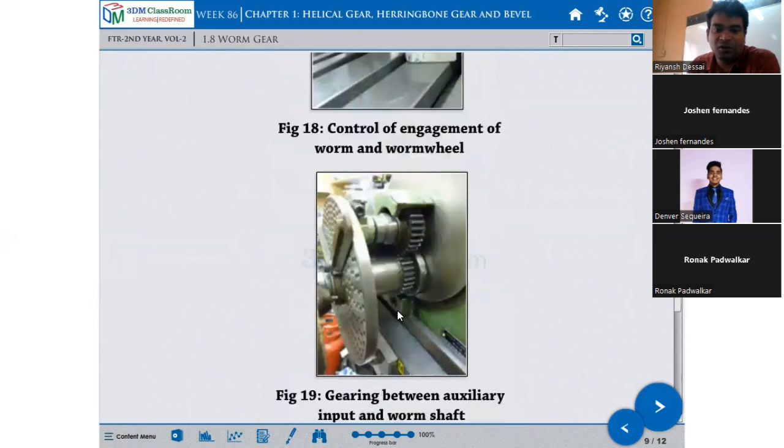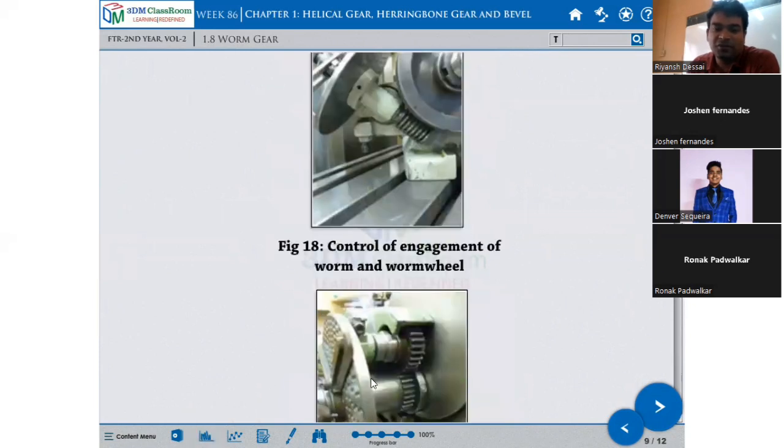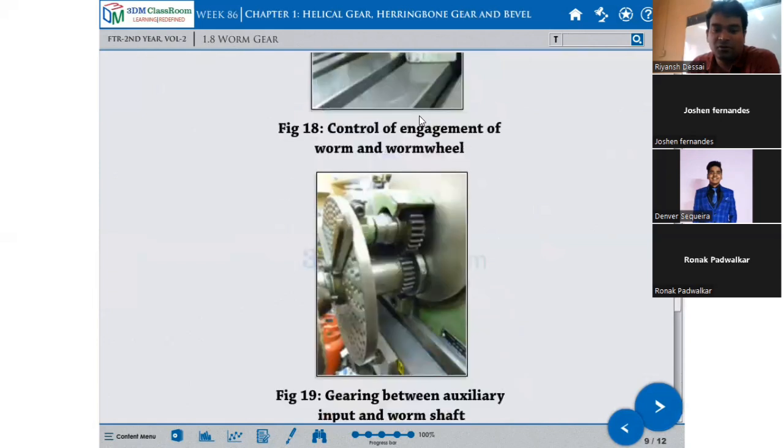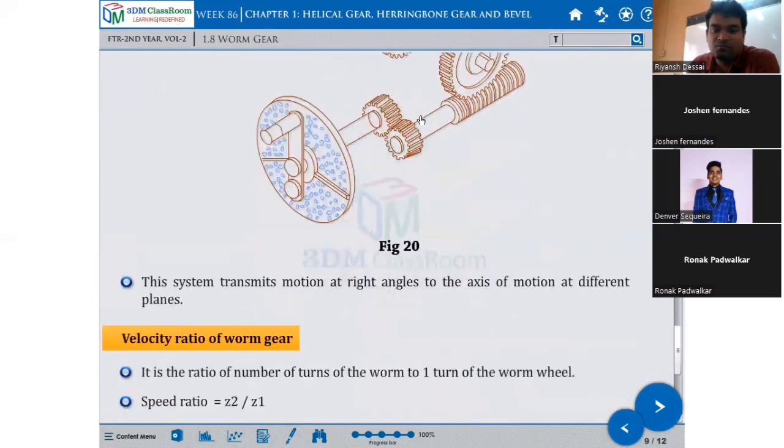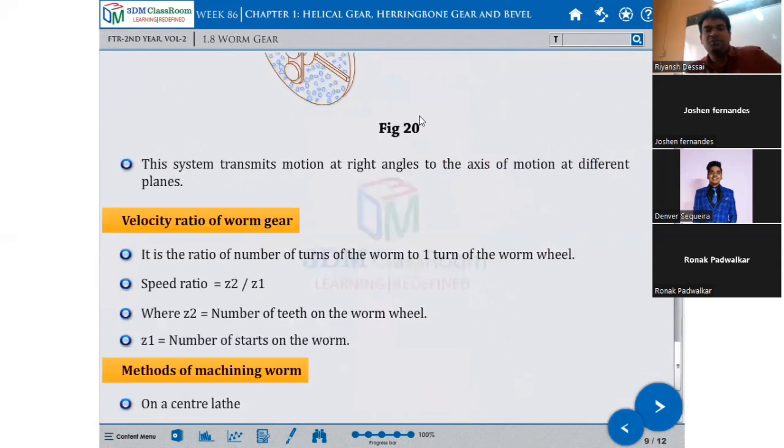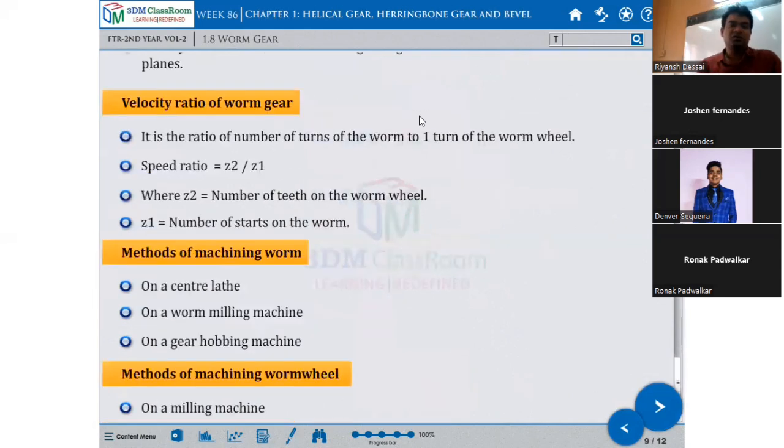This is the actual indexing head picture. It also works on the same mechanism, worm and worm shaft. This type of transmission transmits motion at a right angle to the axis. The velocity ratio is the ratio of the number of turns of the worm to one turn of the wheel.